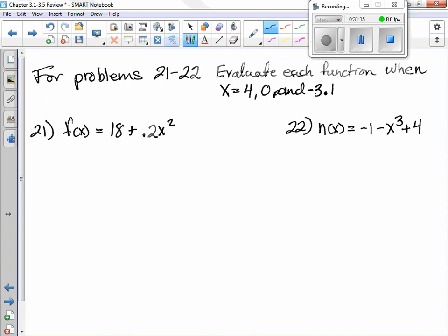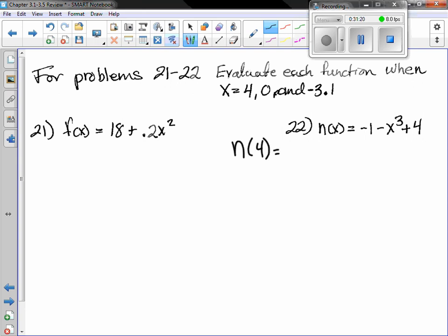Now we would do the exact same thing for g of x. So we'd plug in 4 for x. We'd have negative 1 minus 4 cubed plus 4. And we can type that into the calculator, and it'll tell us exactly what the answer is. And I believe it should be negative 61.